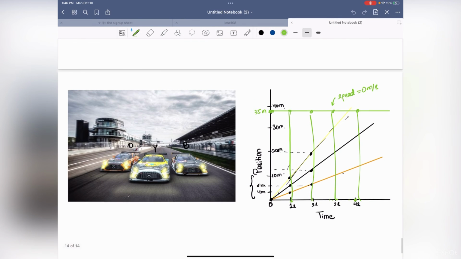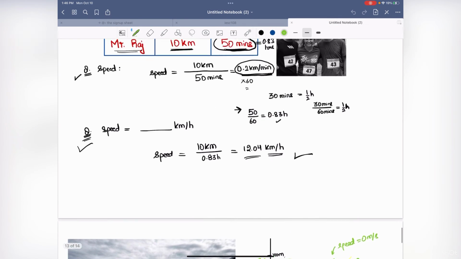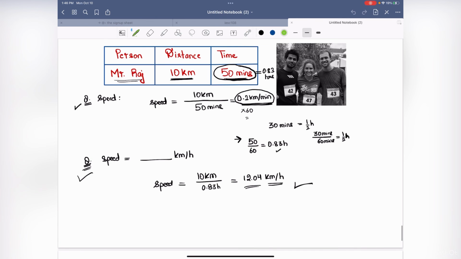So one more thing, guys, that I didn't discuss in this previous question is we discussed speed, but what about velocity? Like if I run a race, say I start from a certain point, I run a race and come back to the same point, what's my average velocity if I run through the whole thing and come back?